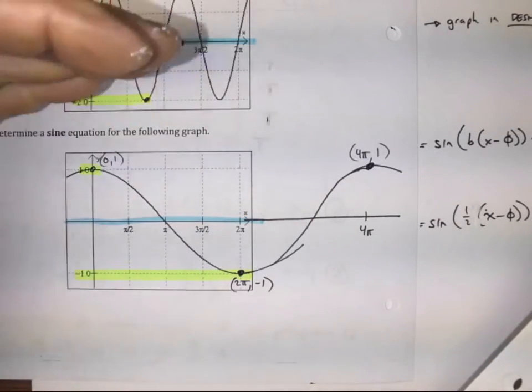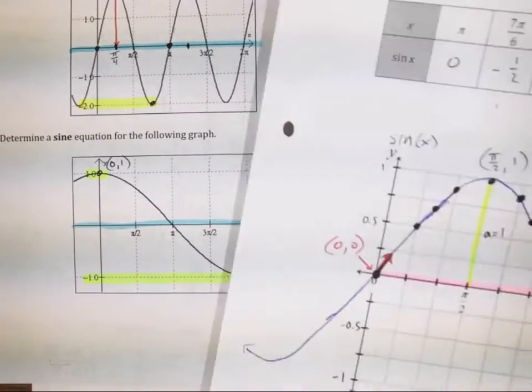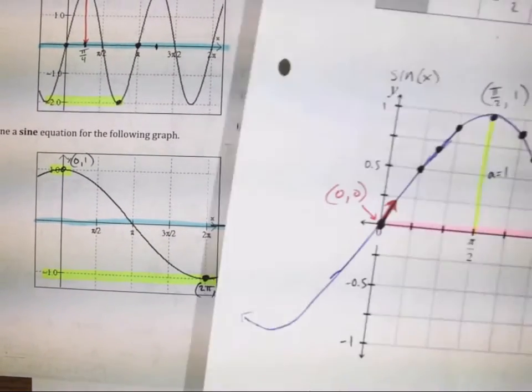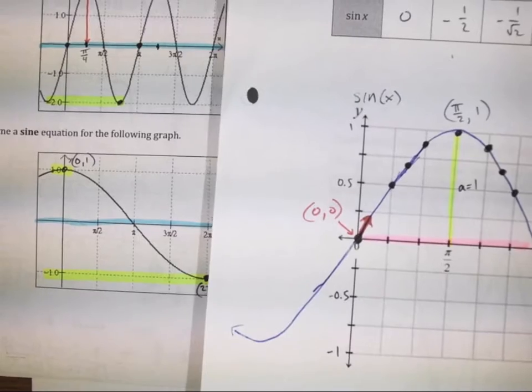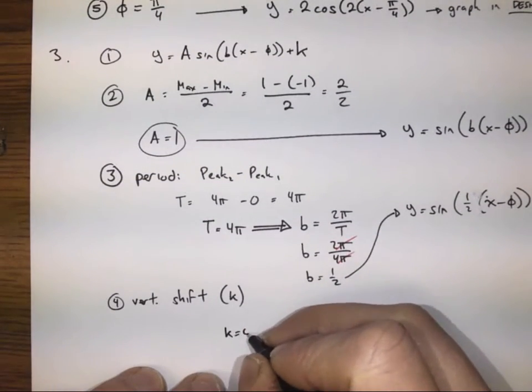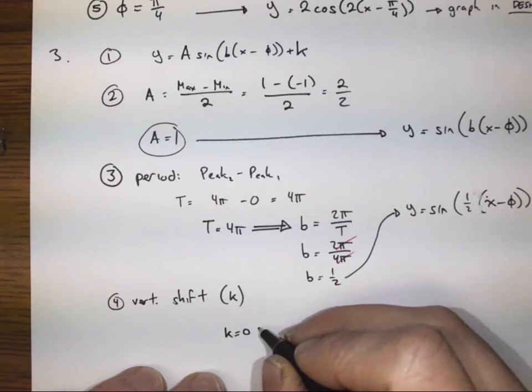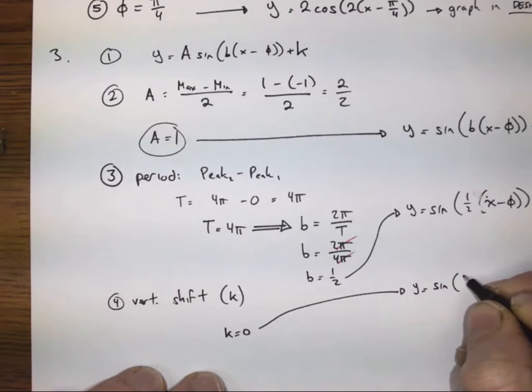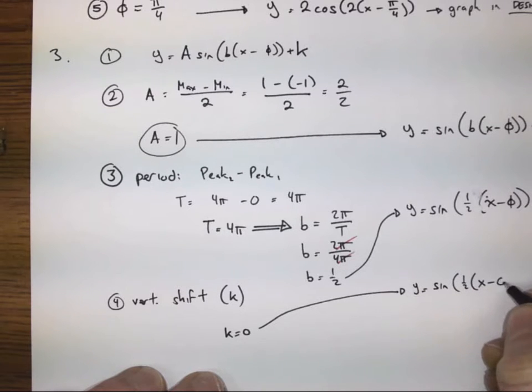It doesn't look like it's been shifted up or down. Now, you might see some differences between these two graphs, but I think you'd agree that a shift from the x-axis is not one of them. So our k value is 0, just like in the last example. So we can take that and we can say y is equal to sine of 1/2 of (x minus phi). And I don't even need to say that I'm adding 0.